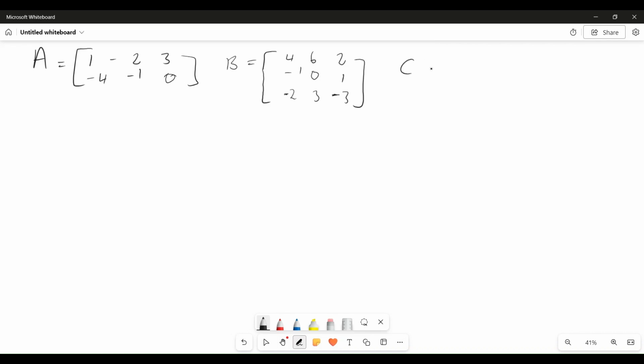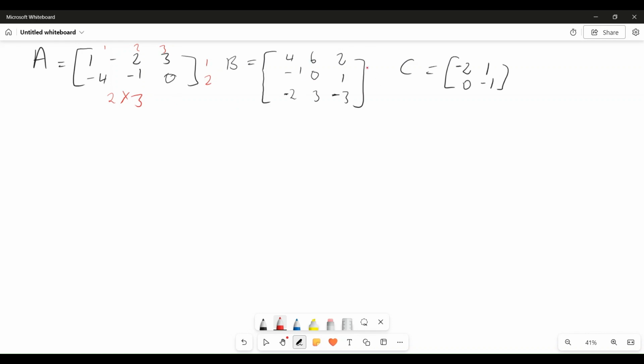Then C, let's make C a 2 by 2 matrix with entries negative 2, 1, 0, negative 1, like that. Okay, so let's identify the order of our matrices. So we see here we have 1, 2 rows, and then we have 1, 2, 3 columns. So it's basically a 2 by 3 matrix.